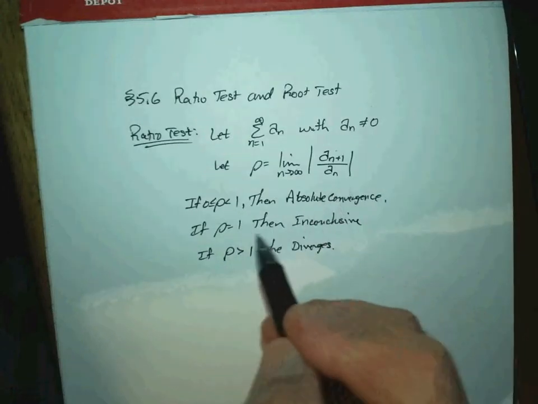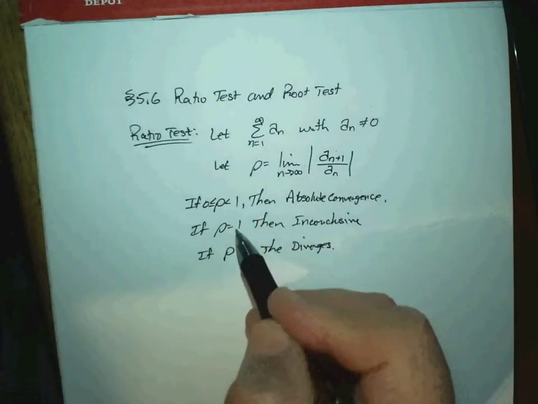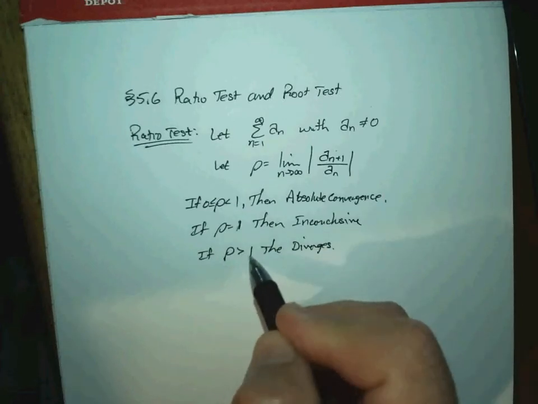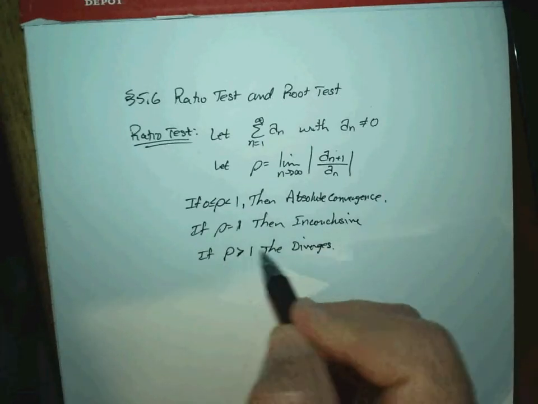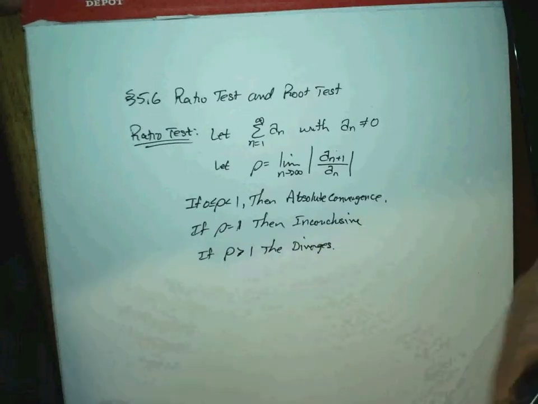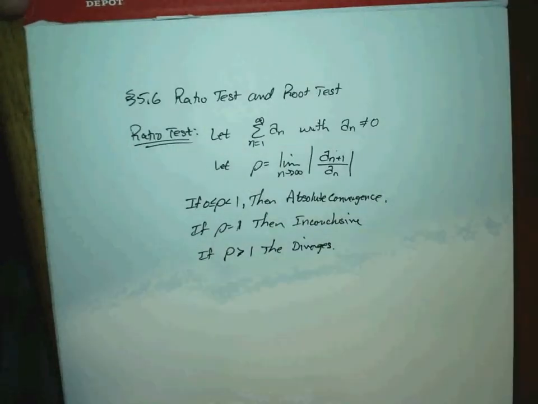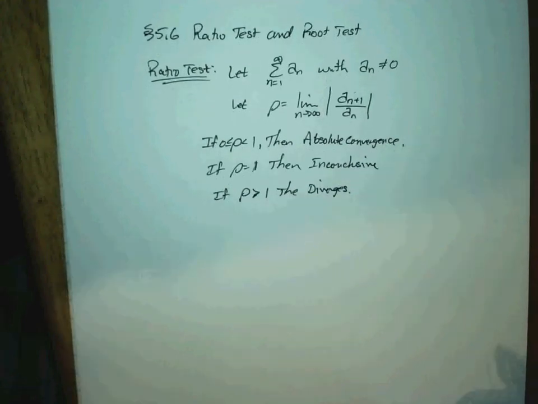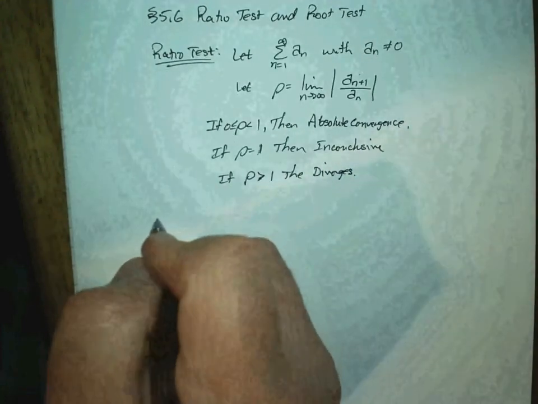If the ratio is equal to 1 in this test, we have an inconclusive result. And the geometric series, if its ratio is bigger than 1, has divergence. So this really is the application of the geometric series to a more useful form, is what we're really seeing here.